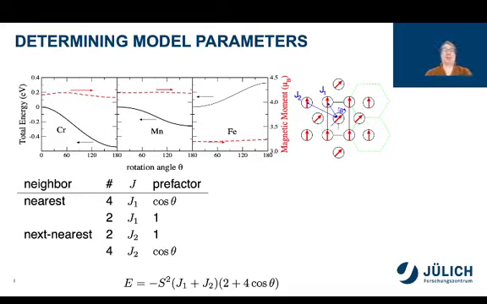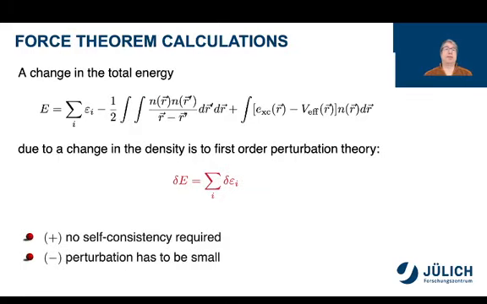And then you can look at what the energy difference, for example, between different states would be in this model, and you map out the energy in the model, and you compare this energy with the energy of your actual DFT calculation, right?